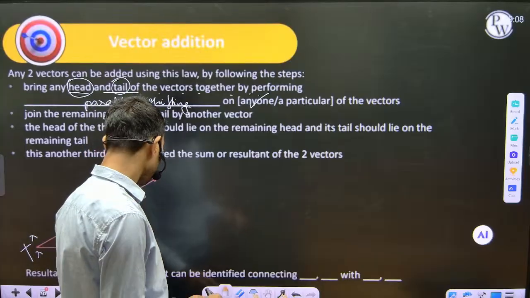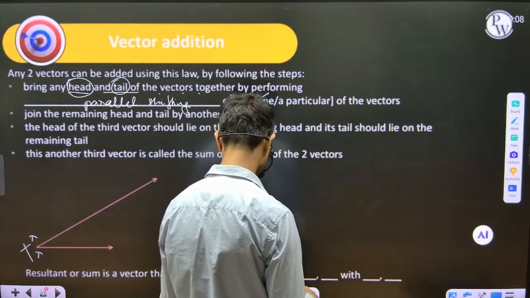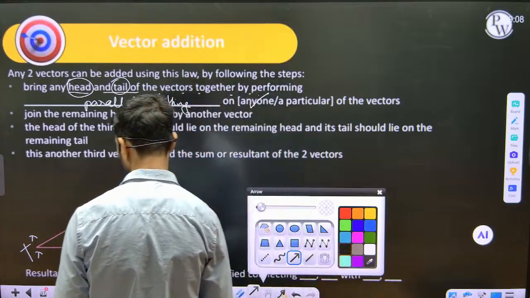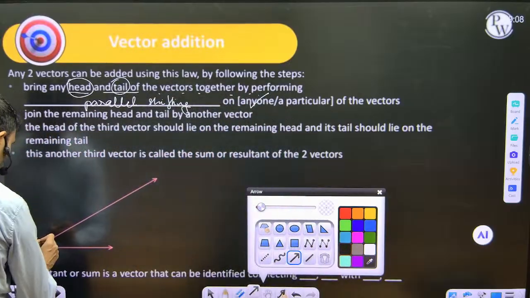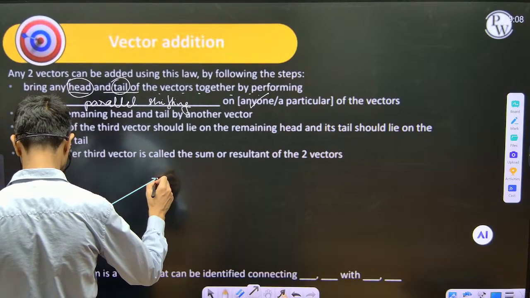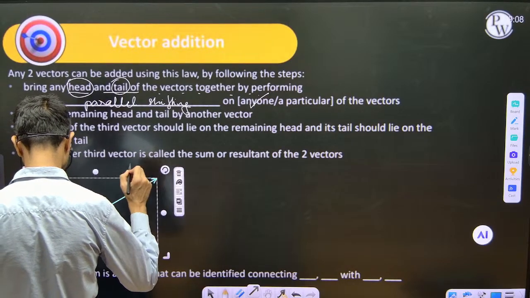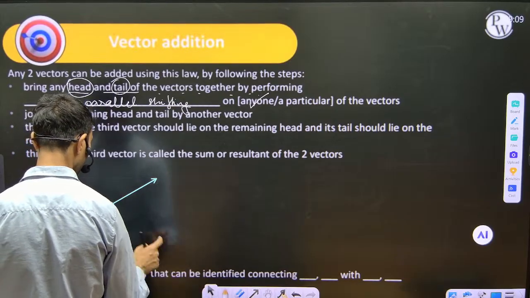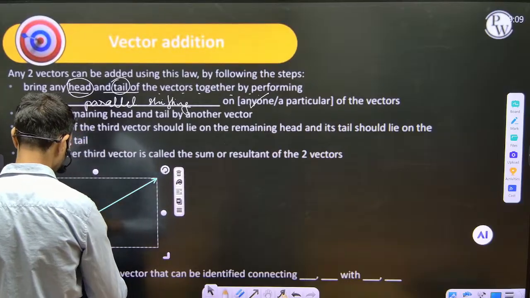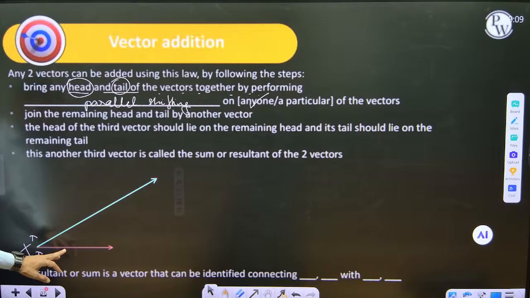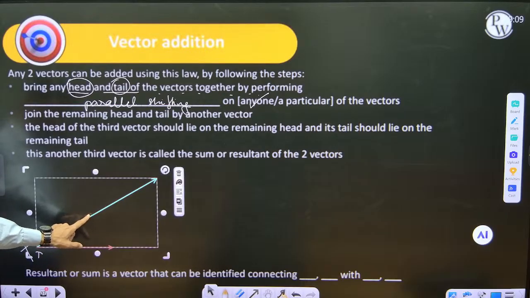So let's do that. So this is one of the vectors, right? And this other vector, tail and tail are together. We don't like that, so we will move it.